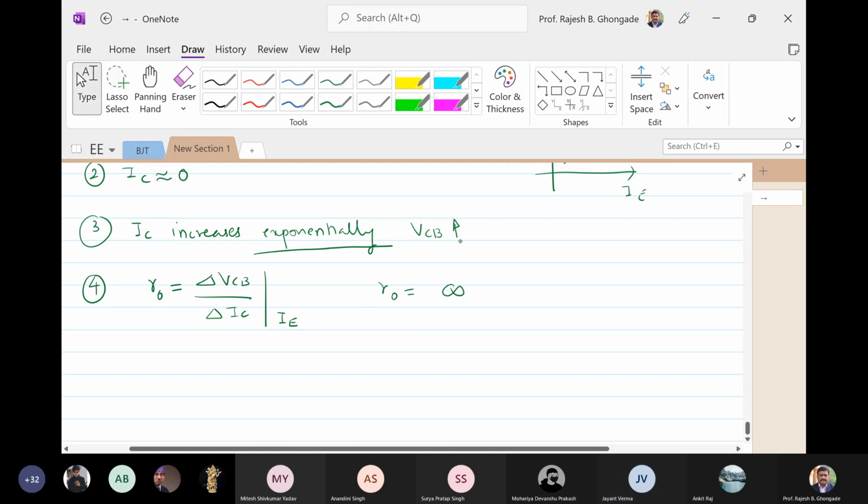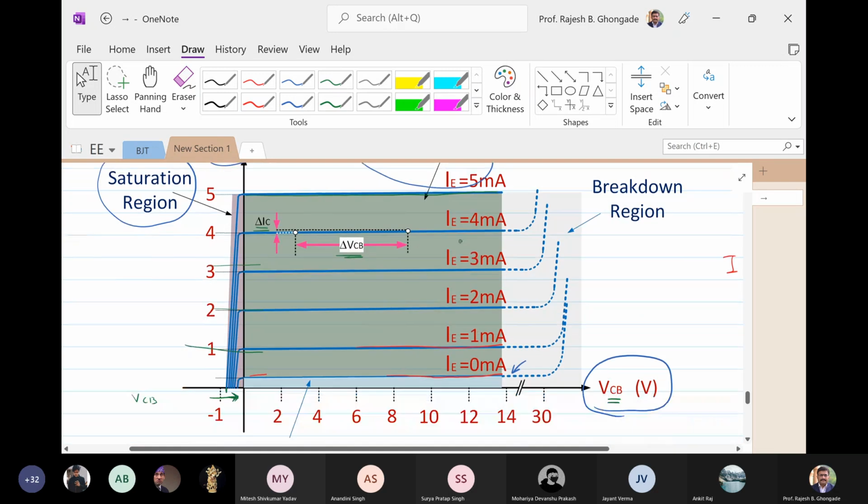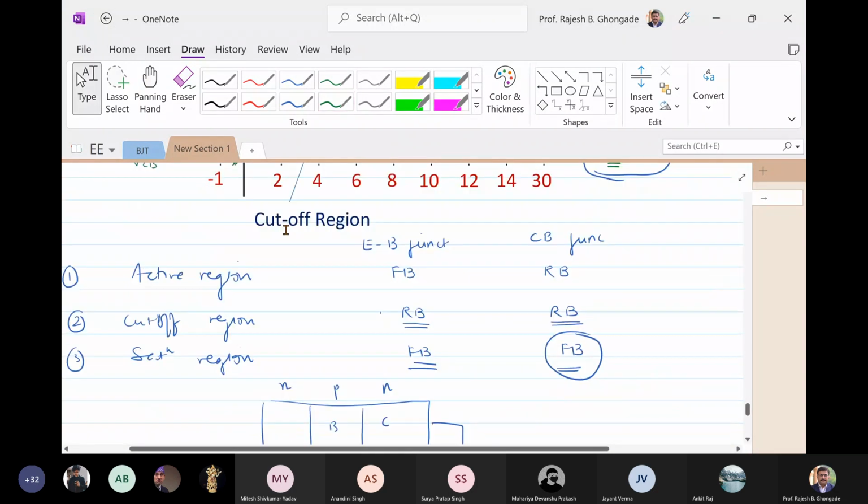But this is an ideal situation, and we know that from looking at the curves, the curves are not exactly parallel to the x-axis. There is a slight elevation slope to that, and still if you see that VCB अगर ज़्यादा है, if I increase VCB from this point to this point, डेल्टा आईसी में थोड़ा सा चेंज है, so delta IC is very very small.